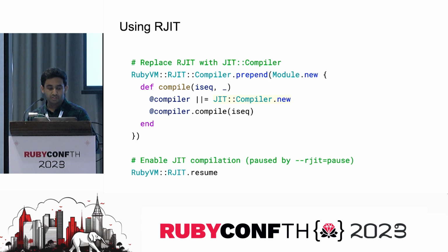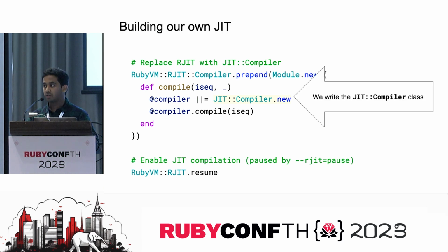So we just need to write this class called JIT compiler, and we can provide this compile function in that class. That way, RJIT makes it easy for us to write a JIT, and we don't need to take care of all the boilerplate that's associated with writing a JIT.